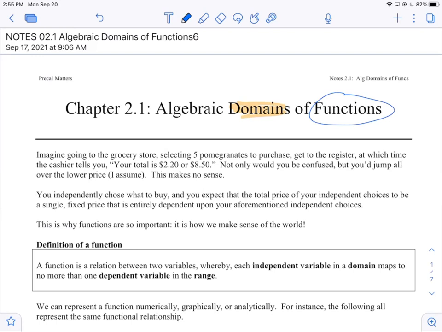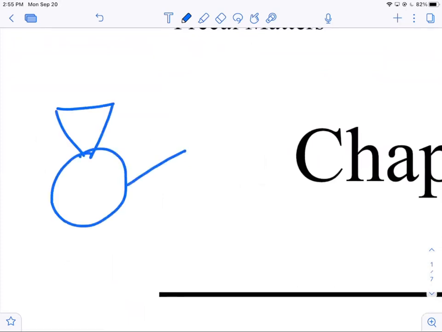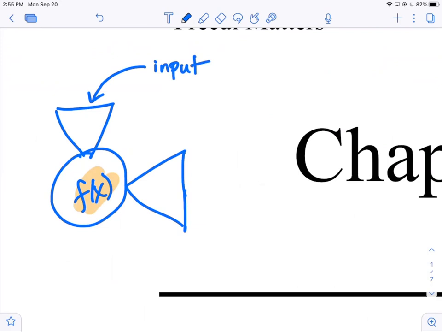So let's go back and think of a real common trope that people use to define a function. You probably saw this in Algebra 1. It's a little machine. It's kind of like a little wood chipper, okay? You have an input. Here's your rule, f of x. You have things that you could drop in the top. These are your inputs, right?